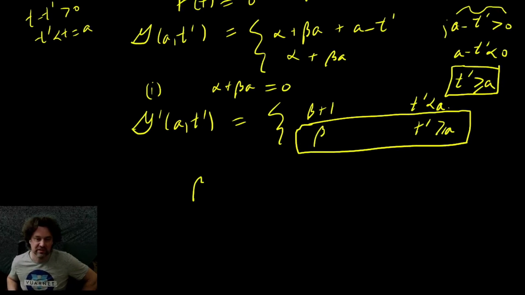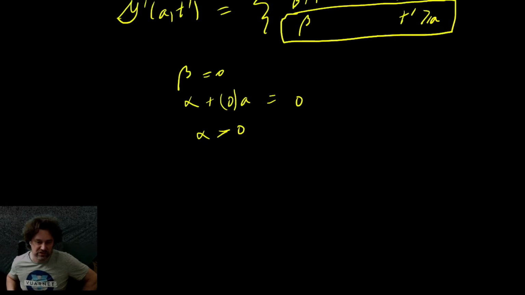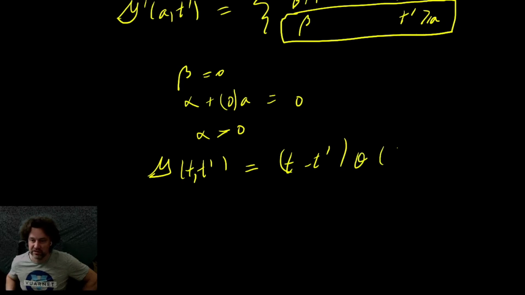So we say beta equals 0, and alpha plus 0 times a equals 0. So alpha equals 0. Green's function is now fully specified for the fixed point boundary value conditions. So we say that g of t, t prime is just (t minus t prime) times theta of (t minus t prime).